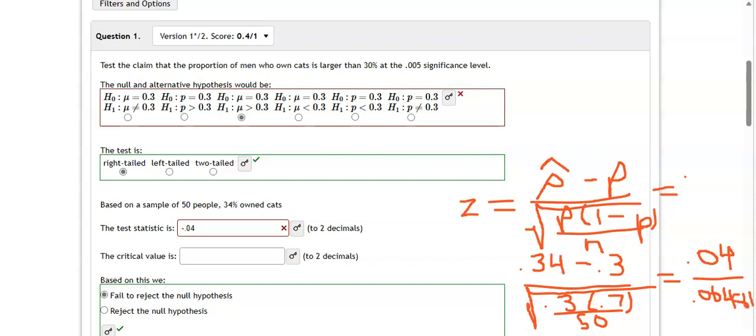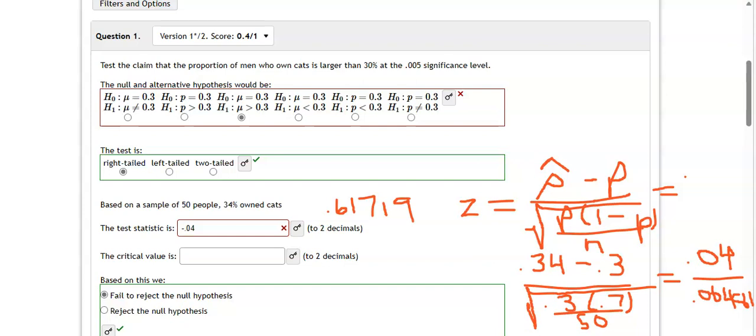And then if I do that final division of those two, I end up getting, as my test statistic, 0.61719. So there's my test statistic. It looks like it's the proportion, or it looks like it's the probability, but it's not. It's the test statistic.